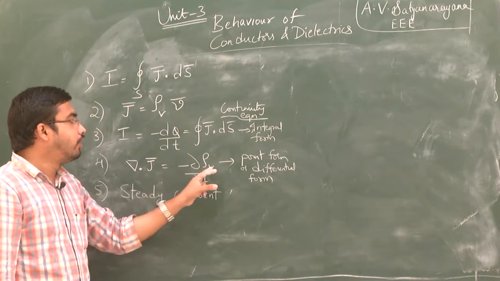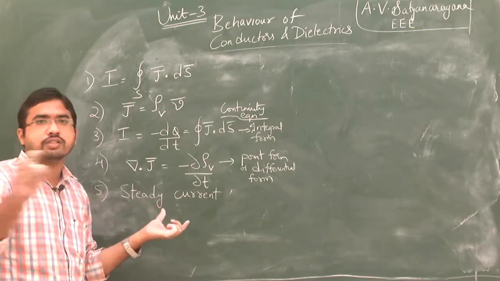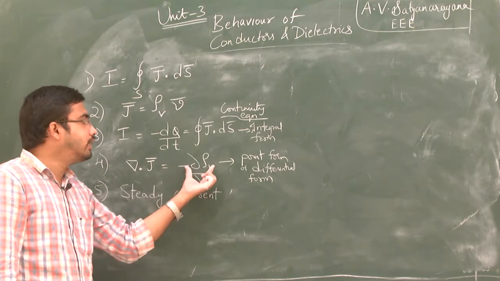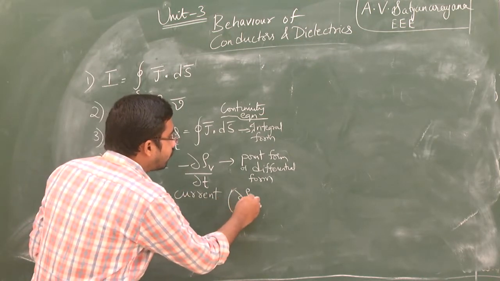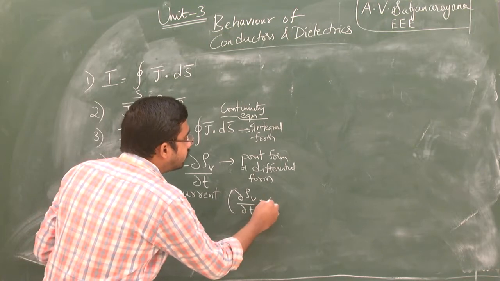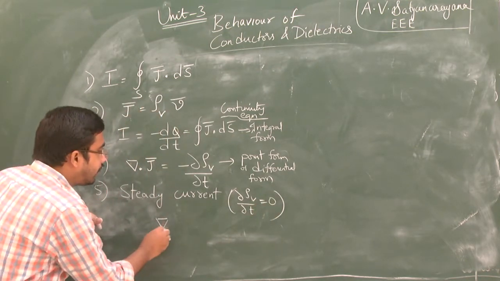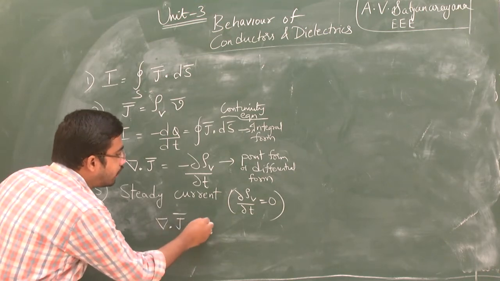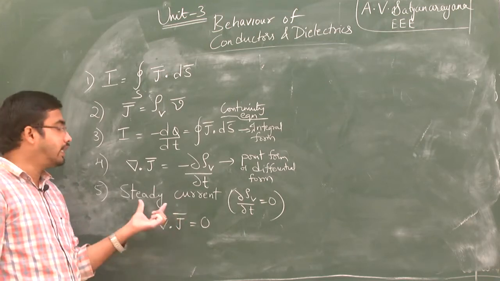That means dou rho v by dou t is equal to 0, because steady means it is always constant. For a constant, if you differentiate, what will happen to dou rho v by dou t? It will become equal to 0. So for steady currents, del dot J bar will become equal to 0. This is the final relation for steady currents.